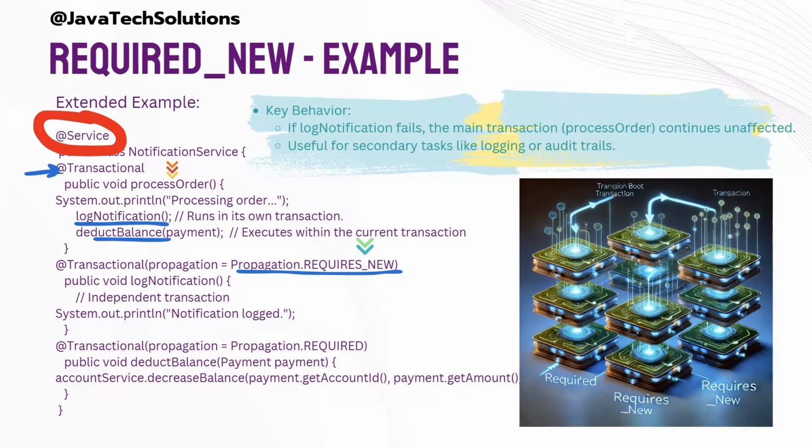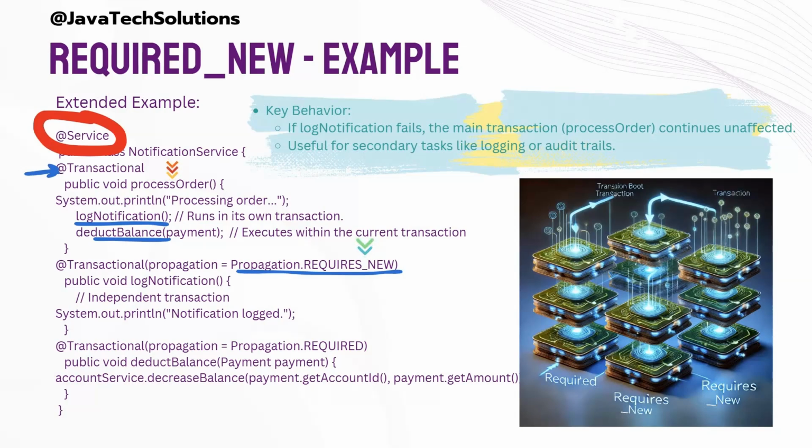Obviously there are some limitations. What are the limitations? Starting and managing a new transaction adds overhead. Obviously it will increase complexity when we are dealing with multiple transactional contexts, right? So these are the limitations. Again, when are we going to use this one?